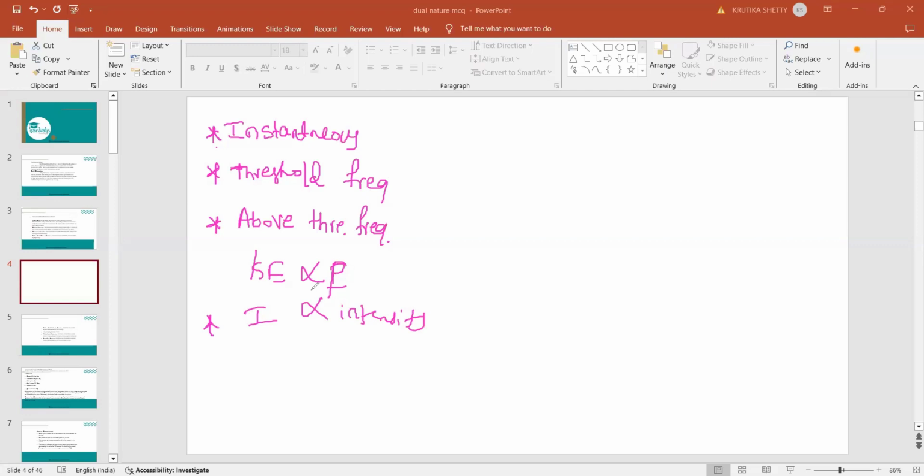Here we define one more term, students, the stopping potential. So let us see what the stopping potential is. Stopping potential is a negative potential for which the photoelectric current becomes zero.